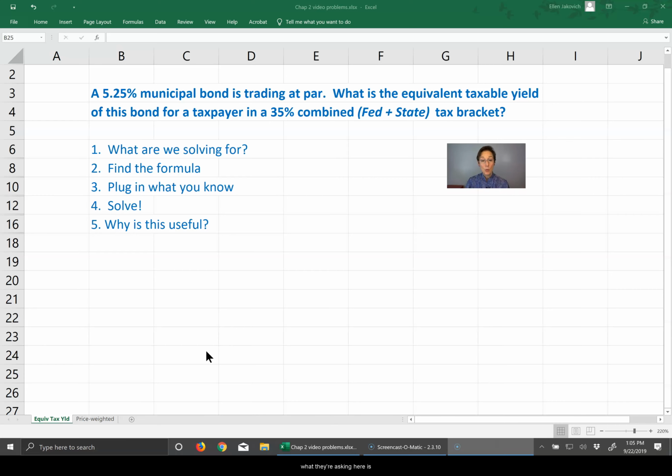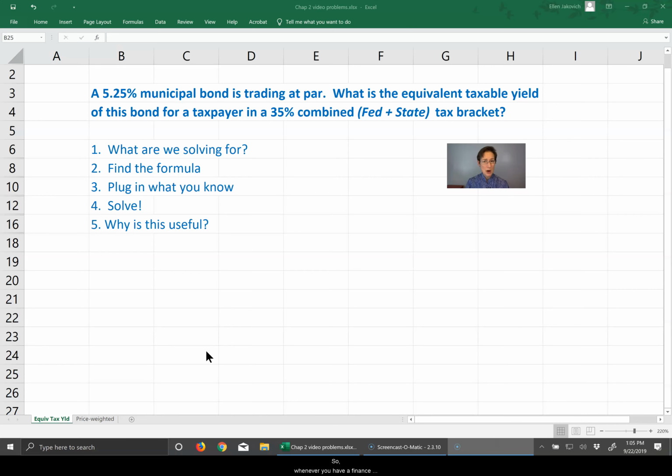So, what they're asking here is, what about a taxable bond? To equate to that return, 5 1/4, how high would the yield on a taxable bond have to be to equal that? What's my break-even point?